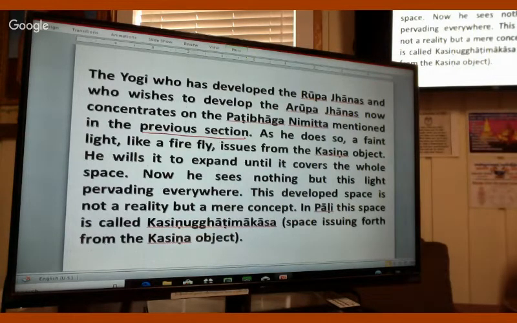So that one covers the whole space, and then if you finally, very strongly, concentrate your power at the time, you don't pay attention to that lighting. So in the place of the lighting, the space appears. That kind of space we call akasa here. First you see the lighting.